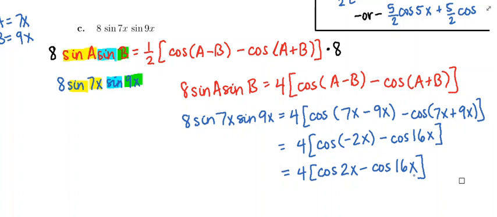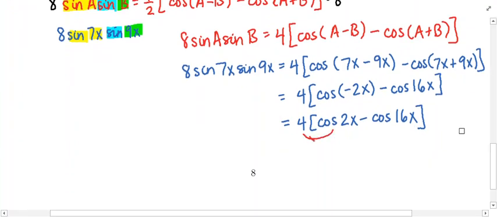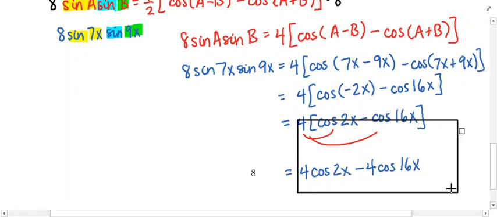Like terms means that the arguments have to be the same. You can leave it like this. You can distribute the 4 if you wish. So another correct answer would be 4 times the cosine of 2x minus 4 times the cosine of 16x. Either one of these will work here.